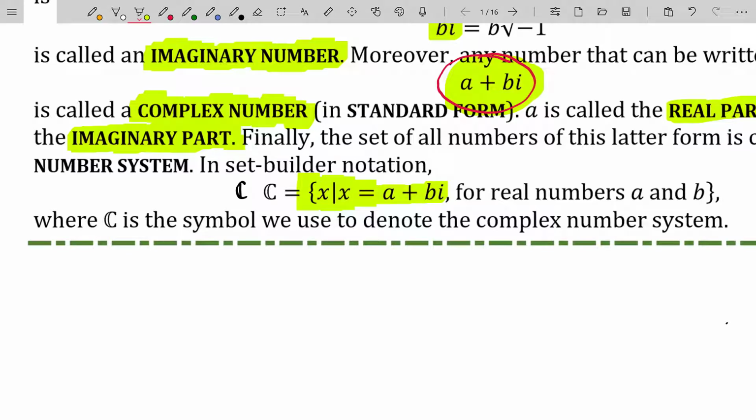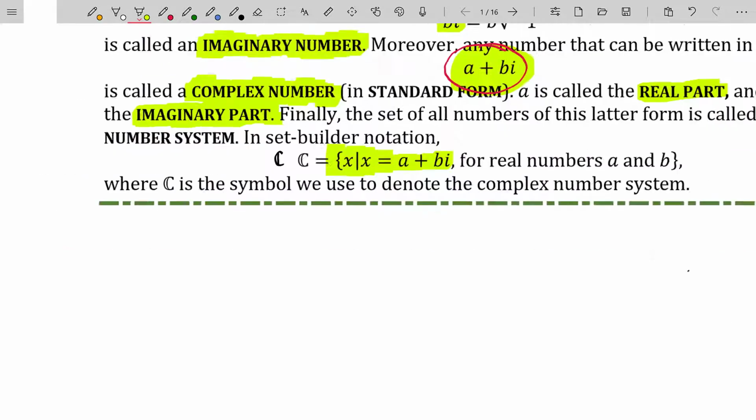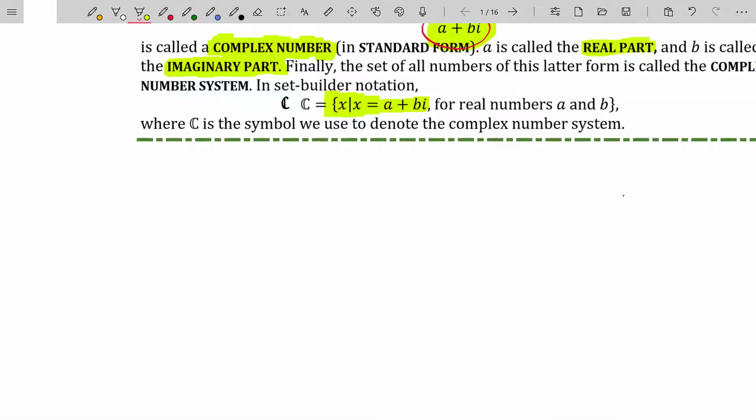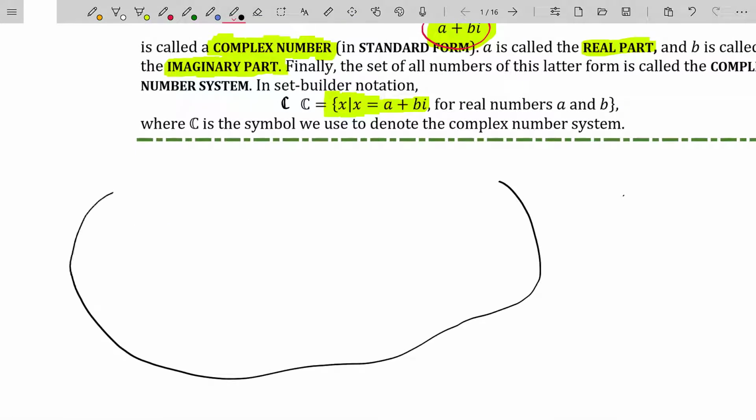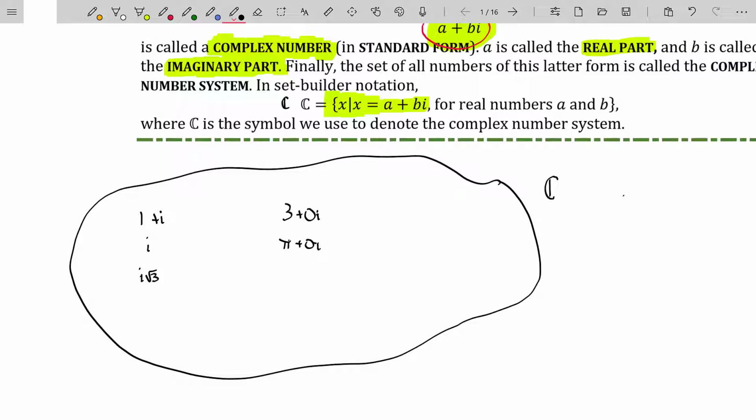So that set of numbers is called the complex number system, and it turns out that that briefcase called the complex number system is a massive set of numbers, and it contains numbers like 1 plus i, it contains numbers like i, it contains numbers like i times the square root of 3, but it also contains numbers like 3 plus 0i, or pi plus 0i.